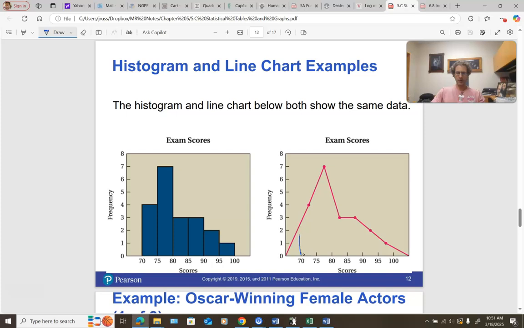We had a bar right here. It went up to a height of 4, and it came down. So with a line chart, you put a dot right at the center at the top of that bar. And then when you have your next bar, whoops, I drew that too far to the right.